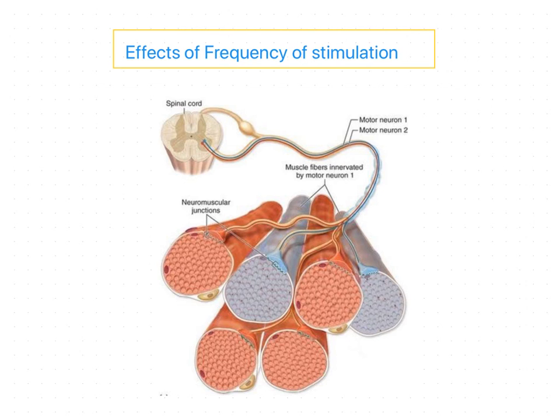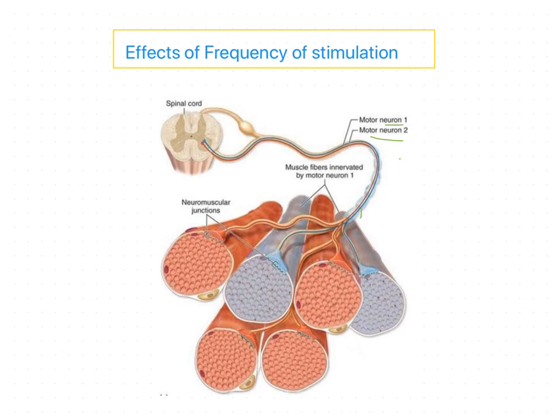These are the effects of nerve stimulation. Now we can see the effects of frequency of stimulation. When a single stimulus is applied, impulses pass simultaneously to a number of motor units, so that in normal circumstances there is a sudden brisk contraction followed by immediate relaxation.